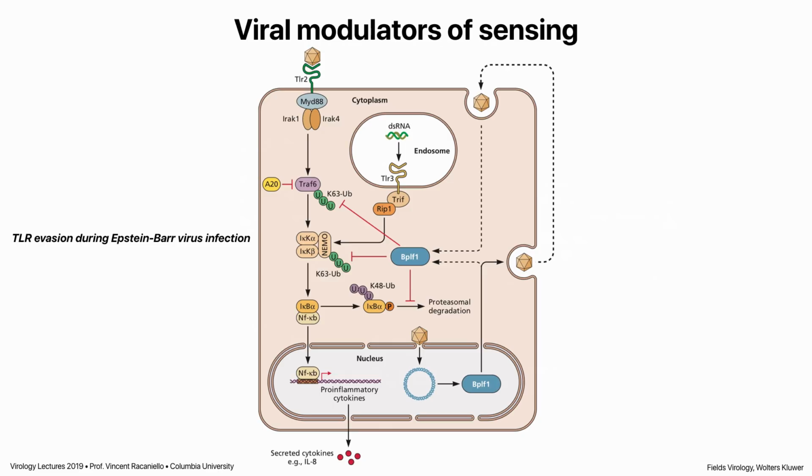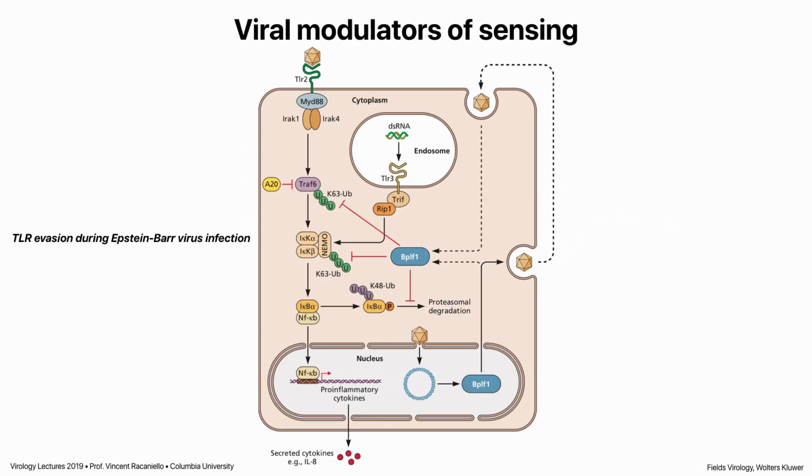For example, this signaling pathway requires the addition of ubiquitin to components of the pathway, those little green U's, those ubiquitin molecules that are needed for their activity, and BPLF1 interferes with that, so these proteins cannot participate in the signaling. In addition, it blocks the proteasomal degradation of the I-kappa B alpha subunit of NF-kappa B.